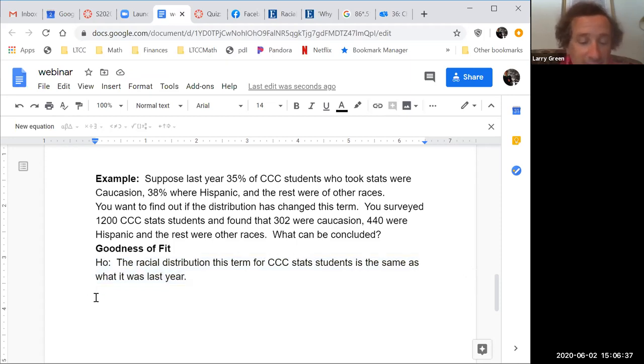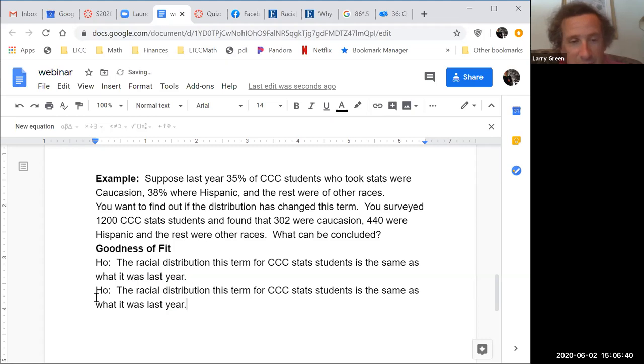Okay, the good news about this, if using a computer, which you will be for the test, is for H1, we only have to make minor changes. What's the only change we have to do? Yeah, we need to put the not in between is and the.